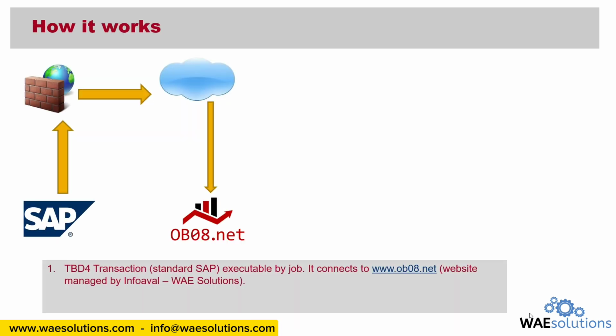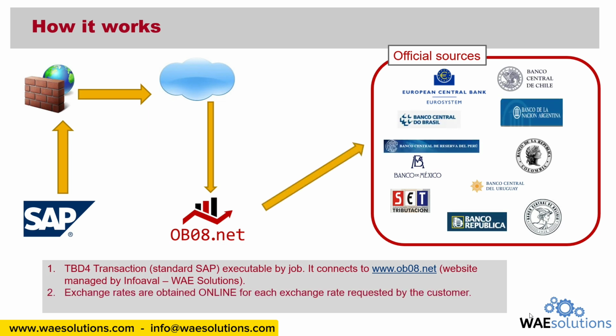So how does it work? Once we have the customizing already done, remember that the customizing is everything in the standard functionality in SAP, what we do is we plan a job to be executed every night for the TBD4 transaction. Every time that the TBD4 transaction gets executed, it connects to our database, OB08.net in this case, and from this database, the TBD4 transaction will read the different exchange rates from the central banks that we got in the last hour and that we have in our database.